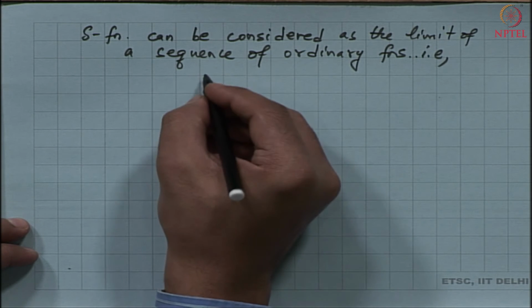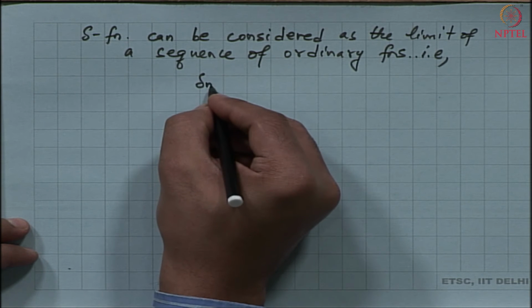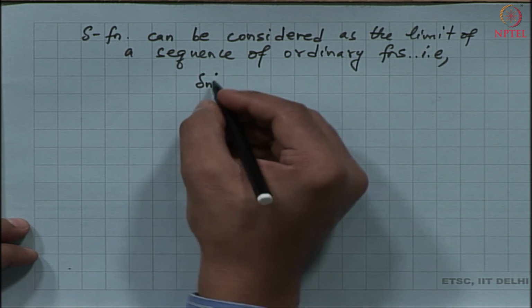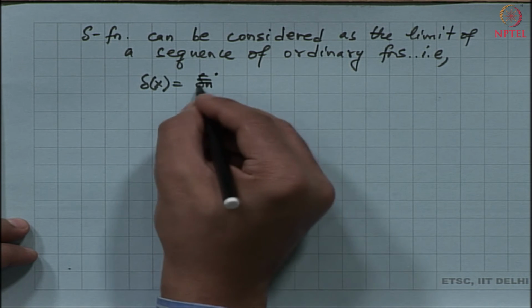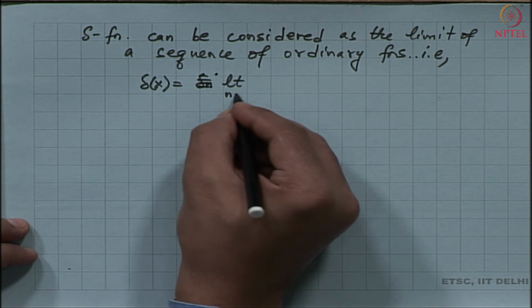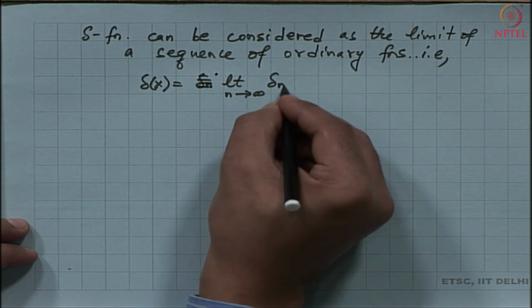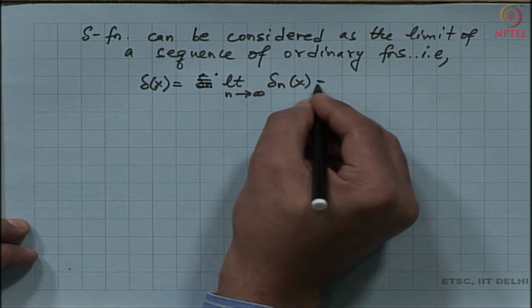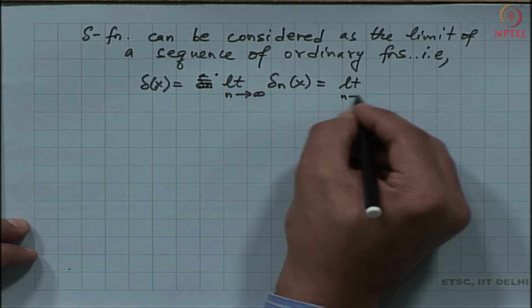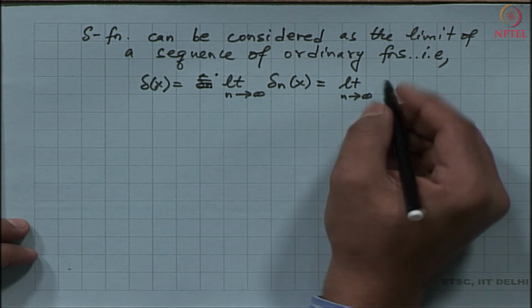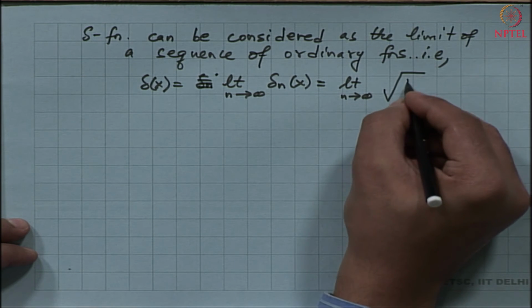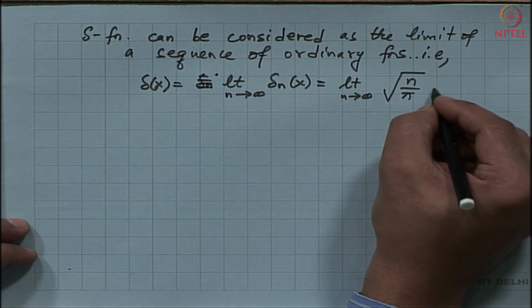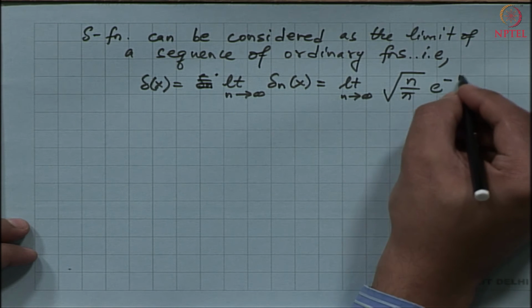Delta of x is the limit as n tends to infinity of delta n of x. These individual functions delta n are defined as square root of n by pi times e to the power minus n x square.